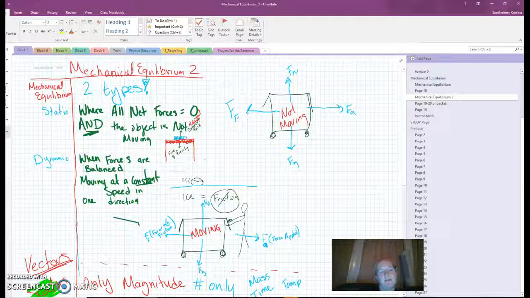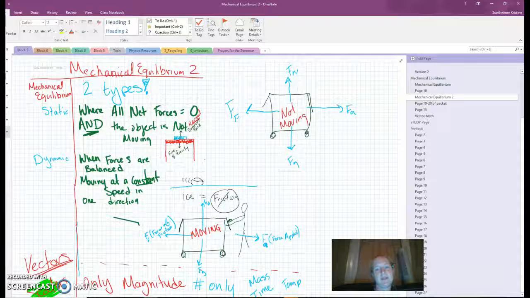We talked about the differences between static and dynamic equilibrium, which is the idea that one thing is moving and one is not. So you can see not moving, that would be me pushing on it, but the thing is too heavy to move, so frictional force.